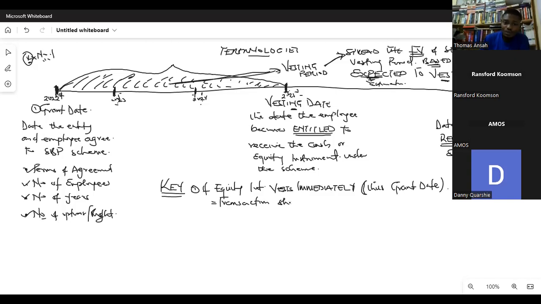But it doesn't happen, so nobody will do that. Unless you go outside our world, where there is something called a signing on bonus. When you are signing the contract, you take a signing on bonus.